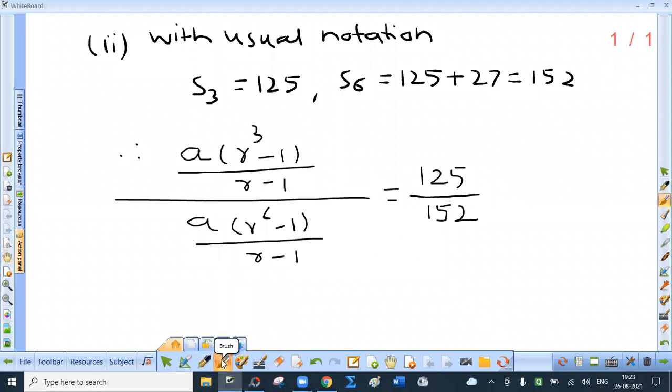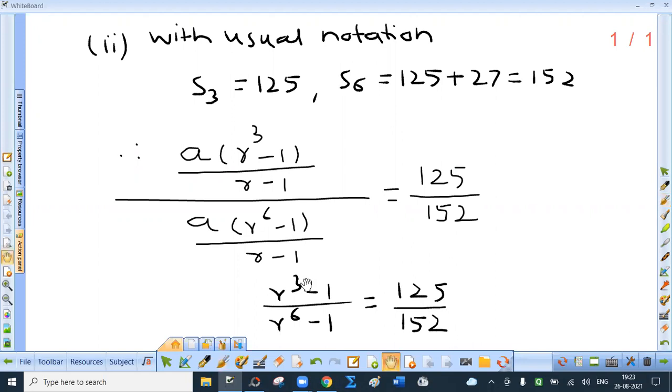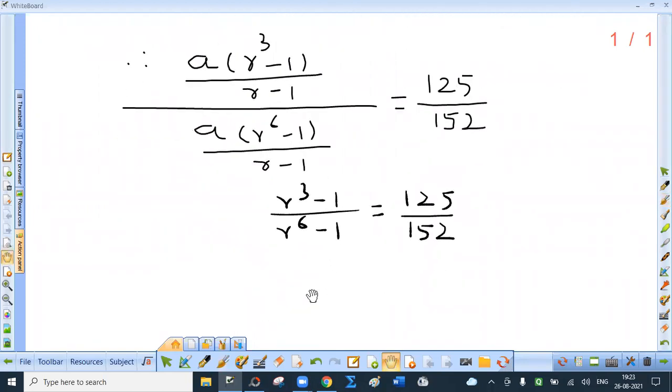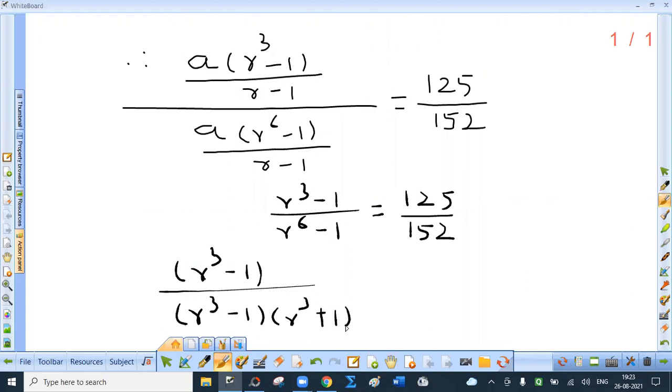Now simplify this. So what remains is R cube minus 1 upon R raised to 6 minus 1. What are the factors? R cube minus 1, R cube plus 1.